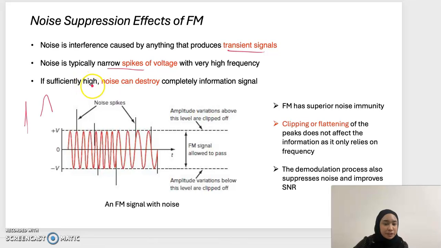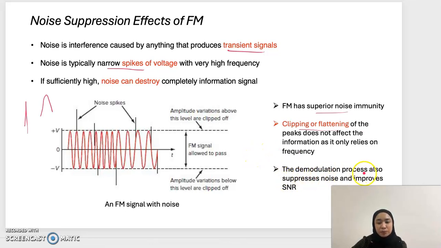So if sufficiently high, noise can destroy completely the information signal. So FM has superior noise immunity, by clipping or flattening. We can build this function to clip off, to keep everything at a constant amplitude, and therefore we can get our good FM signal again.